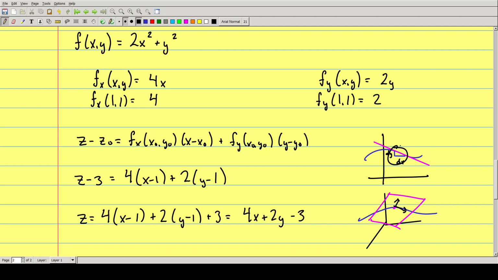This process is one of the most important processes for using partial derivatives in order to analyze functions. This is known as a linearization.